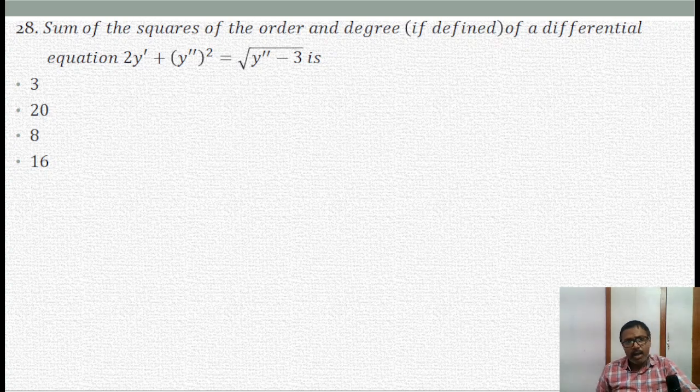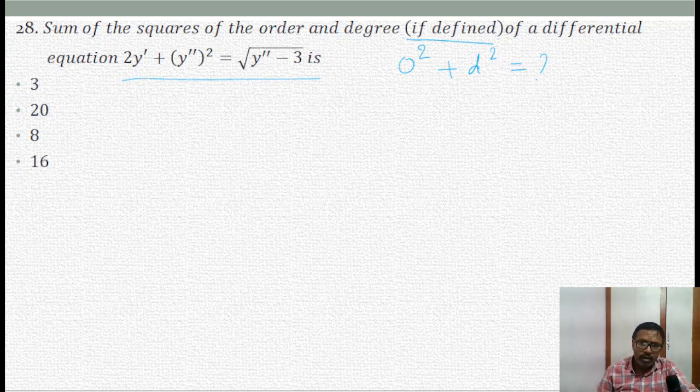Now sum of the squares of the order and degree. Order square plus degree square, they are asking how much is it? Sum of the squares of order and degree. If degree is defined for a differential equation, this is the differential equation given.